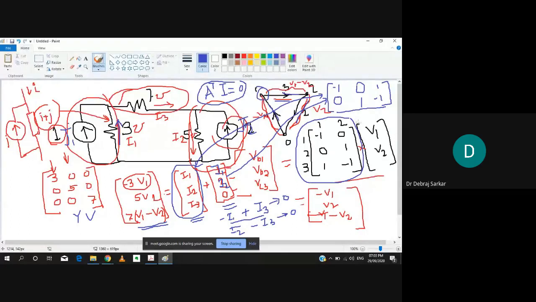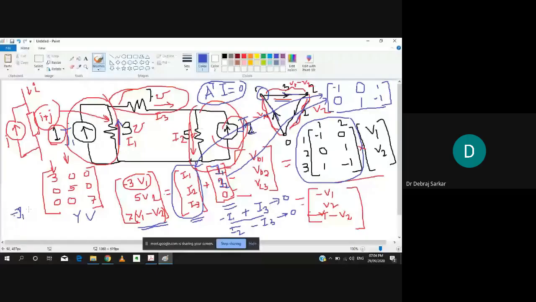So A transpose into J matrix would be minus J1, J2, and 0.